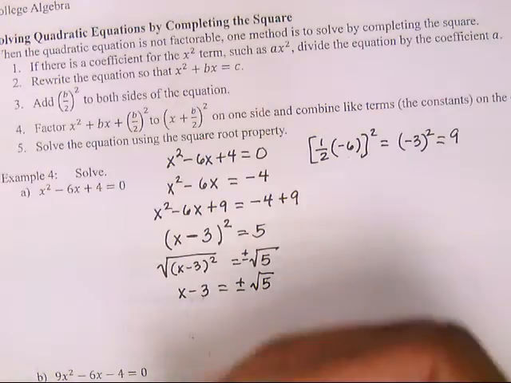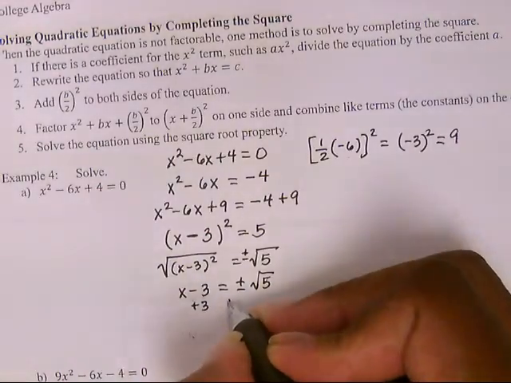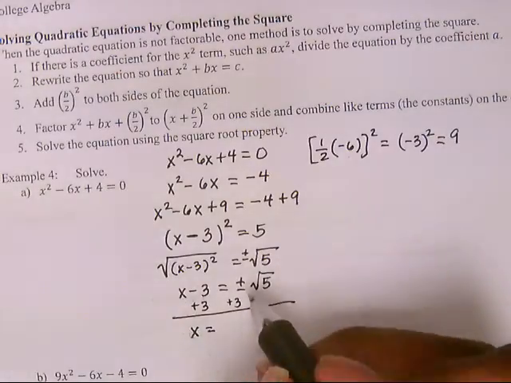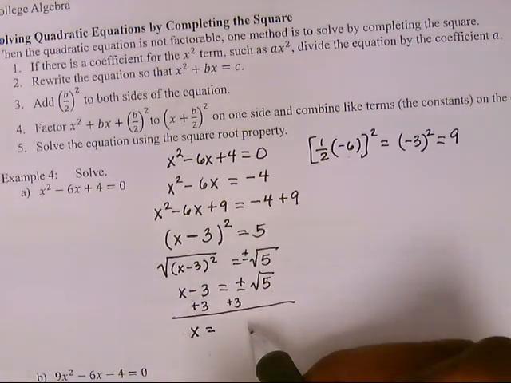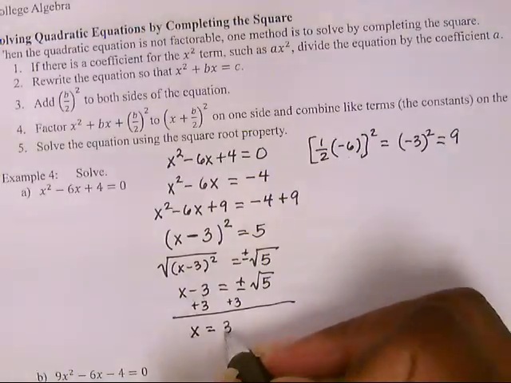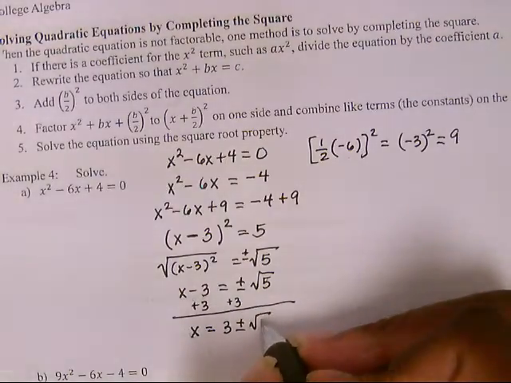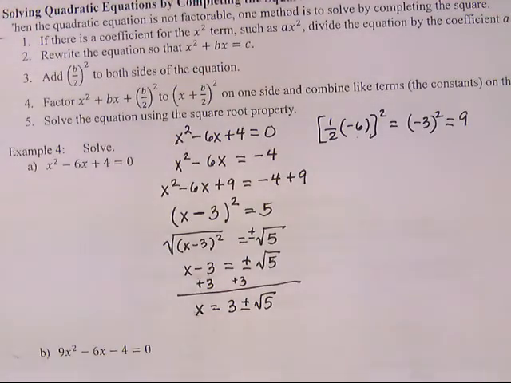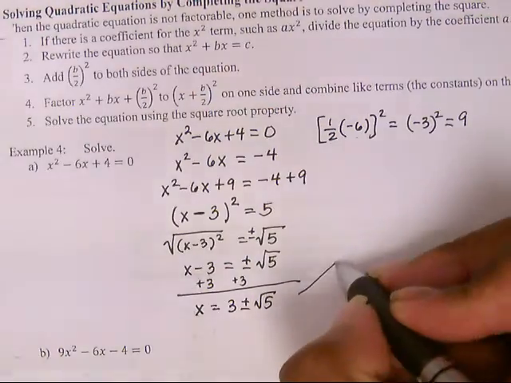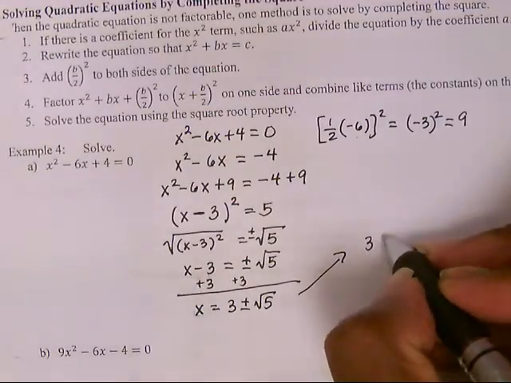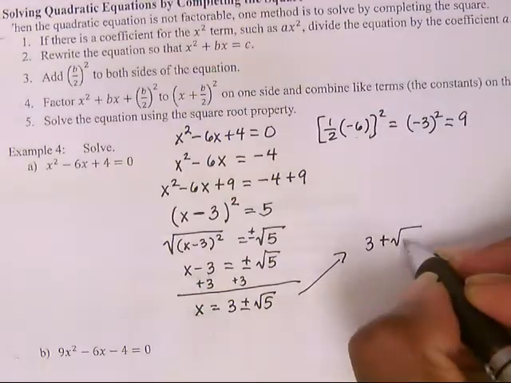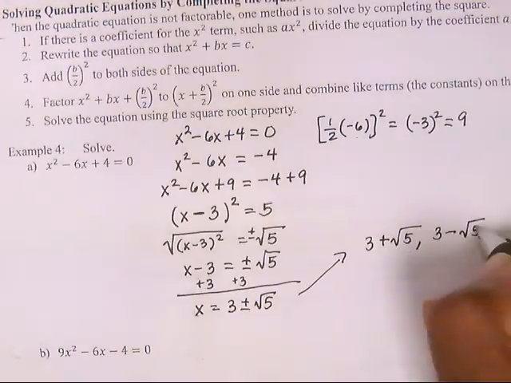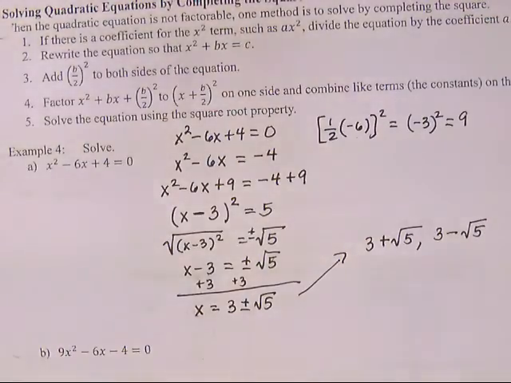And then to solve for x, we just add 3 on both sides. So I'm going to have x is equal to, now these are two totally different terms, I can't combine those, so I have to write this as 3 plus or minus the square root of 5. And of course in the homework, you have to enter it like this as two separate answers. 3 plus square root of 5, 3 minus square root of 5.